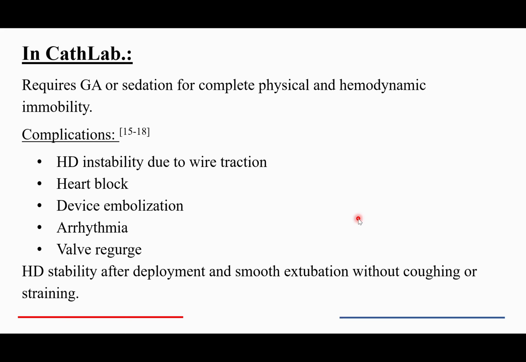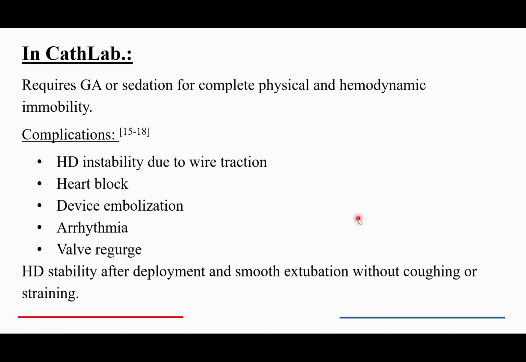Heart block may occur, device embolization may occur, and arrhythmias, because wires and loops of wires are inside the ventricles. Although arrhythmias also occur in ASD closure, those are atrial, but here all sorts of arrhythmias may occur.